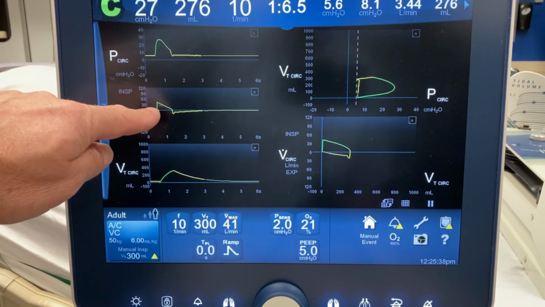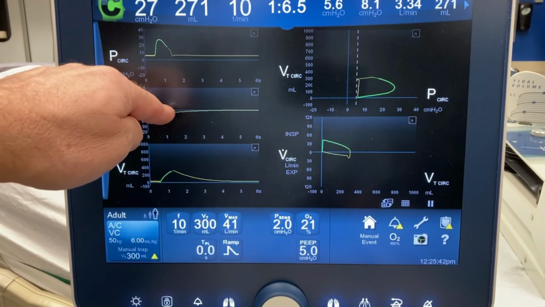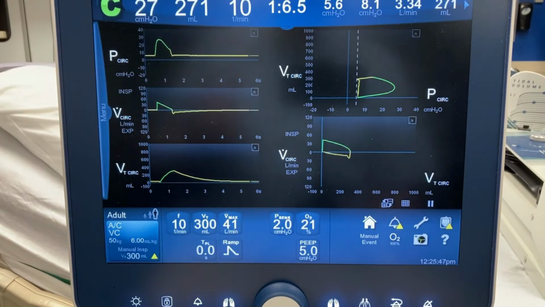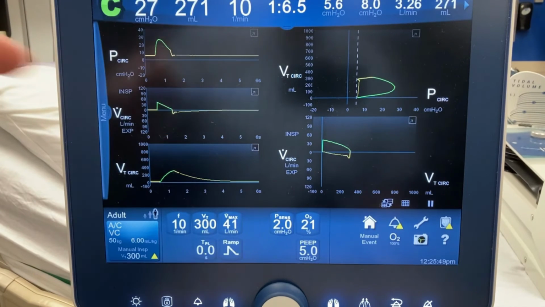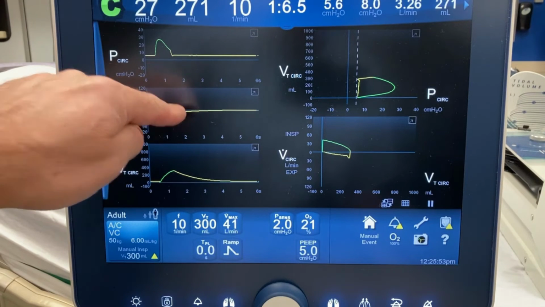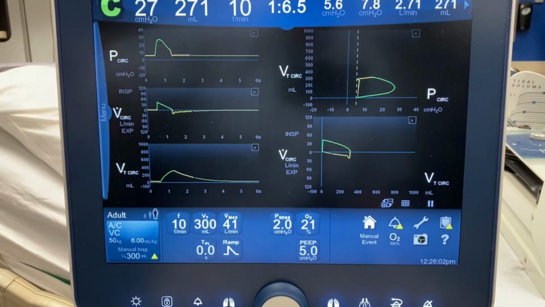This, again, on a positive pressure breath, is an inspiratory decelerating flow waveform, and then this is exhalation. So when they go to exhale, let's think about what that's doing. Initially, we have a higher exhalation flow, and then just like in real life, as you're finishing exhaling, your expiratory flow kind of trails off and goes to 0.